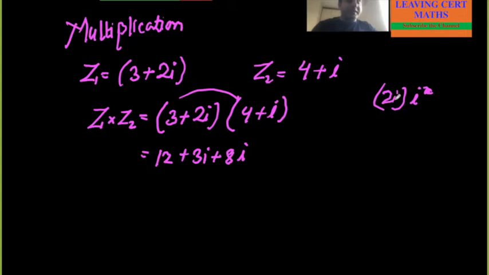And i squared is minus 1. So is it not minus 2? Yeah. So that is the thing you have to take care of at the end. And always remember both of the middle terms will be i. So is it not 10 plus 11i? This is your another complex number, right?